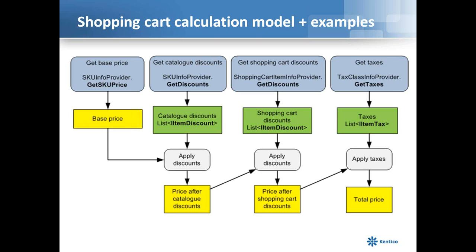So by default, the SKU info provider's get SKU price method does only a simple thing. It returns the value of the number which is stored in the price field. So it's the default behavior. If you do not want to change it, you can leave it as it is and it will work.